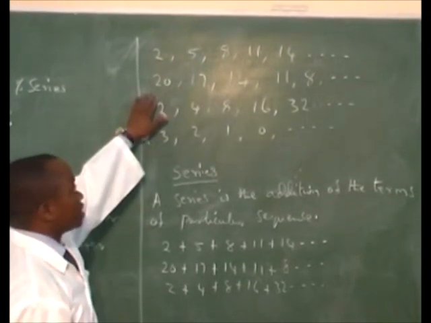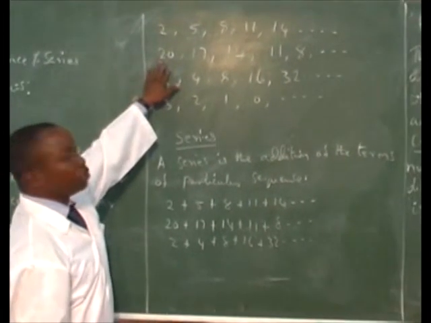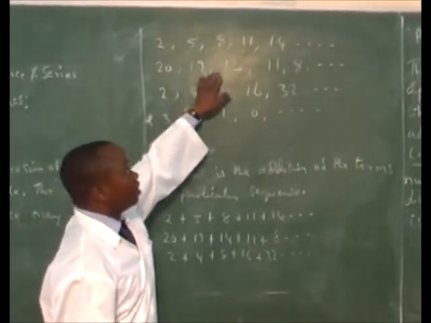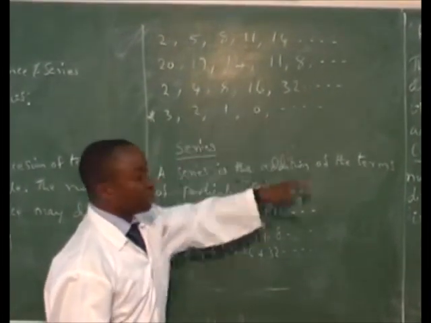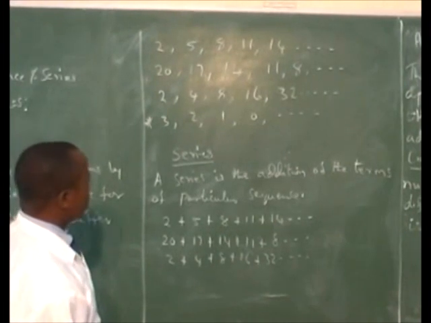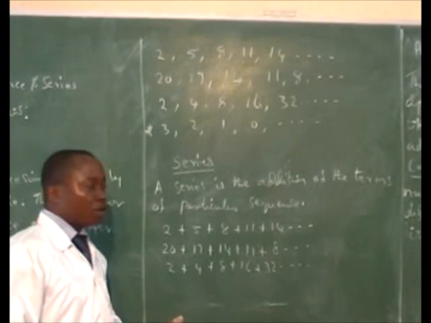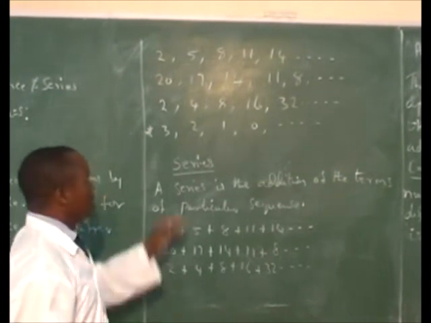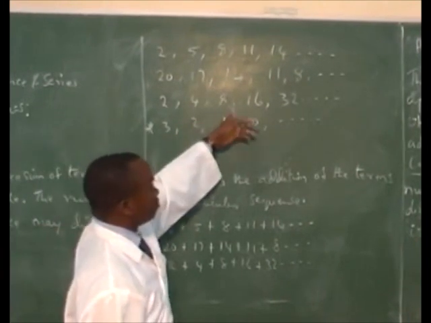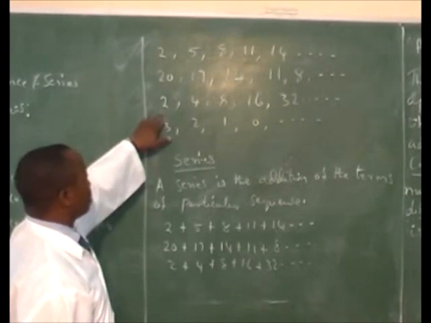Now, if we look at sequence 2, you see sequence 2, we have 20, then we have 17, we have 14, we have 11, we have 8. That means sequence 2 is got by a particular rule of subtracting 3. 20 minus 3, you get 17, minus 3, 14, minus 3. So that is the rule. But look at this one.